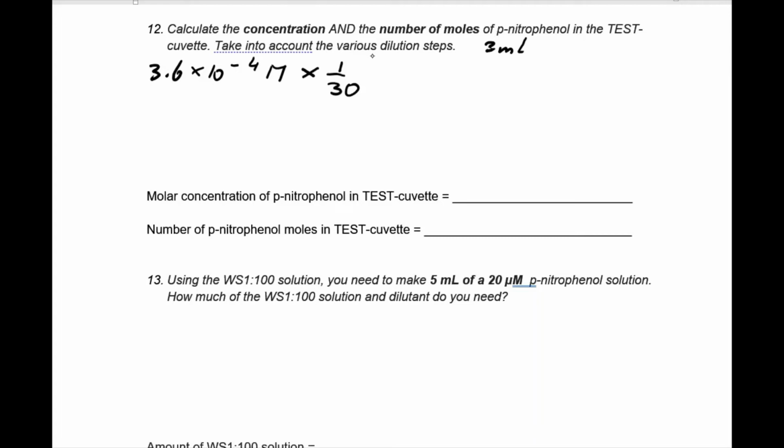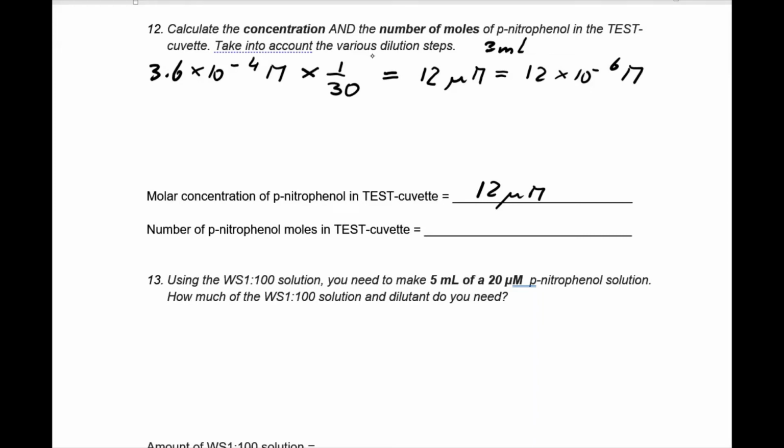So that's very easy to calculate. If we just put that into the calculator, we will get a concentration of roughly 12 micromolar. Or we can write this also as 12 times 10 to the minus 6 molar. So that would be our concentration of the paranitrophenol in this test cuvette here.